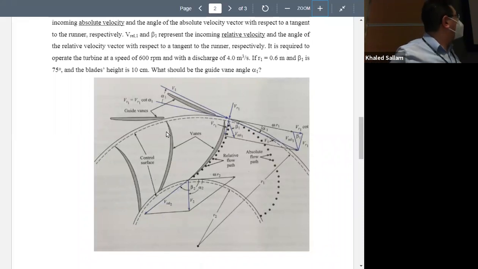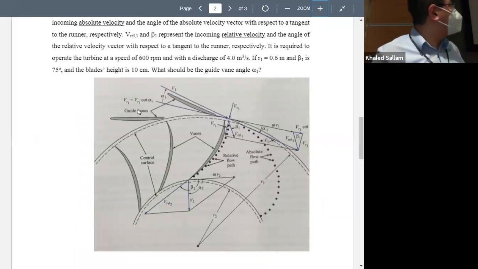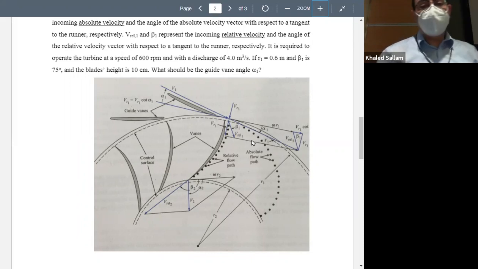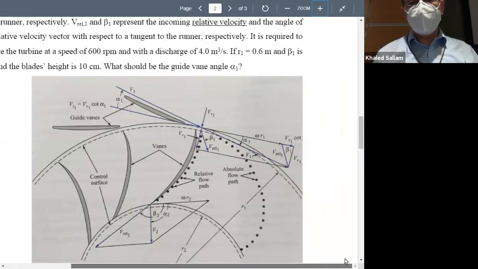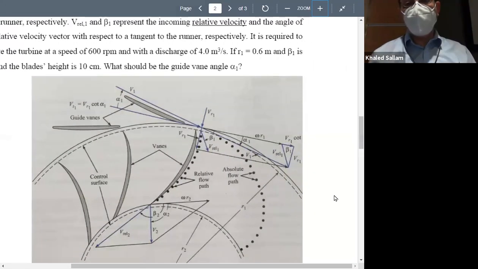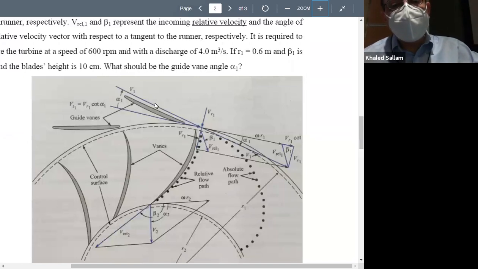What is that? This is the turbine, and those are the stator, right? The stator shoots V1. Okay. This was actually in a midterm one year. So here is V1, and the angle with the tangential is alpha.